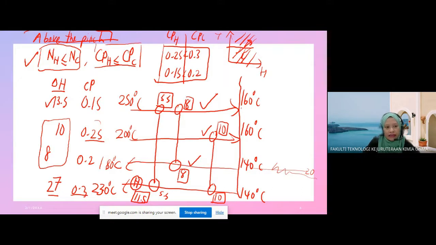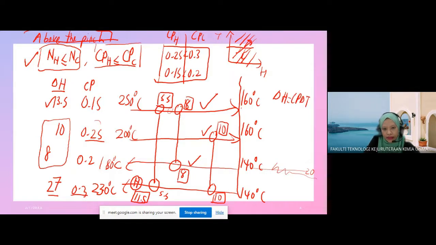And then, like I mentioned yesterday, make sure that for heat exchanger pairing, the heat is passed to the cold stream from high temperature to low temperature. Now, can you calculate the temperature here? It's 160. What is the temperature over here? How to calculate the temperature? Using delta H equals CP delta T, just now.